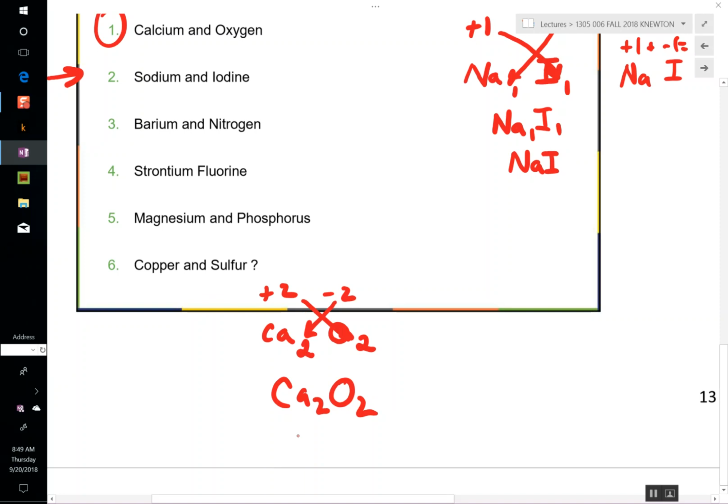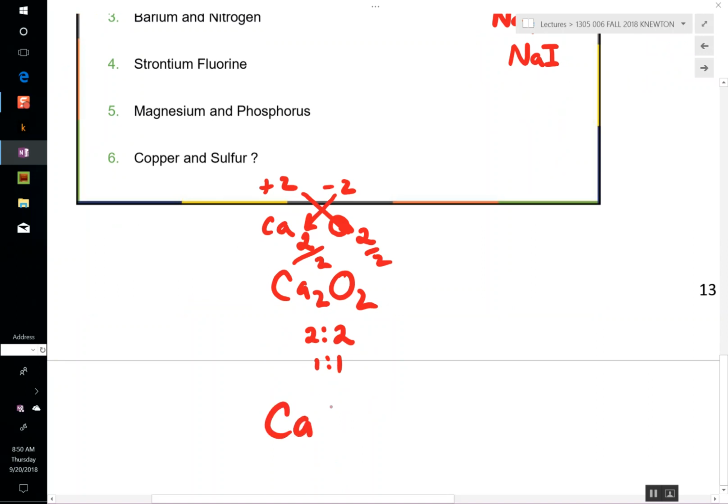So a 2 to 2 ratio is the same as a 1 to 1 ratio. Both of these numbers can be divided by 2 and reduced down, and so you're going to see this formula, CaO.